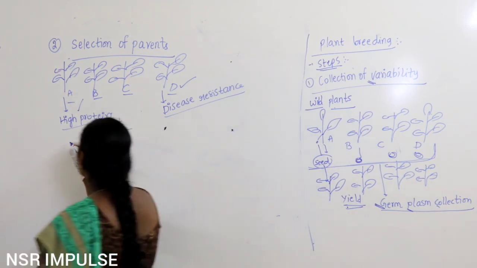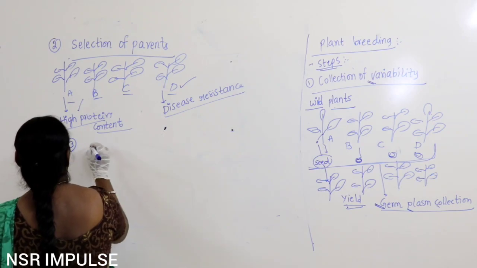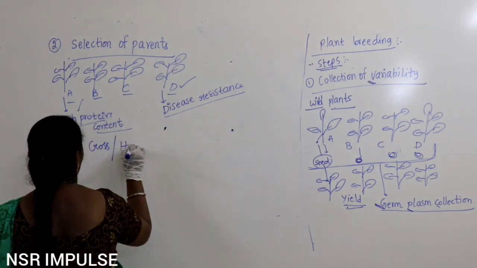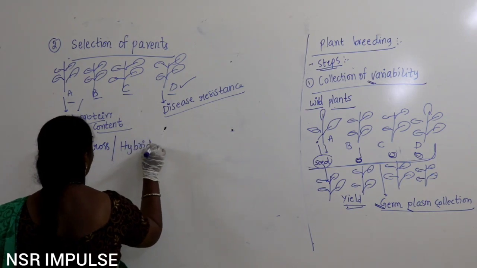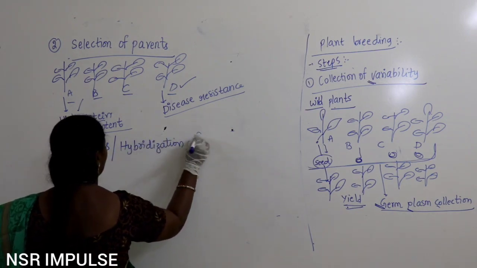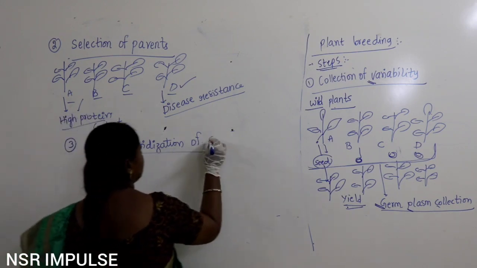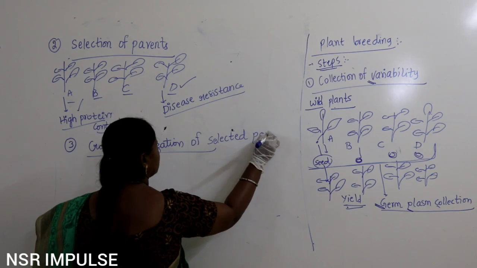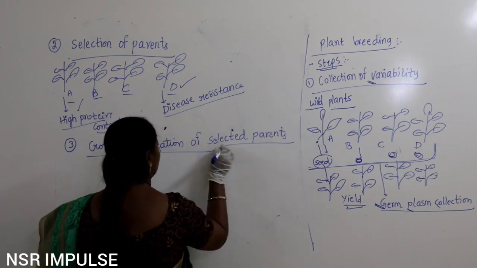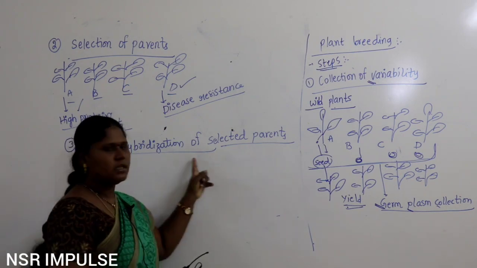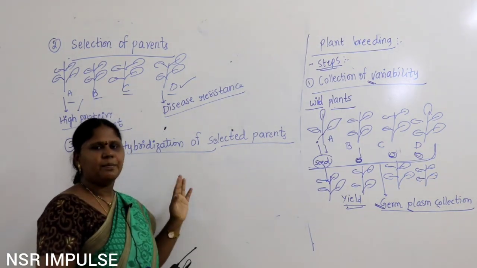Next step is cross or hybridization of selected parents.